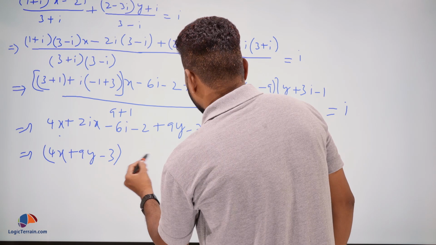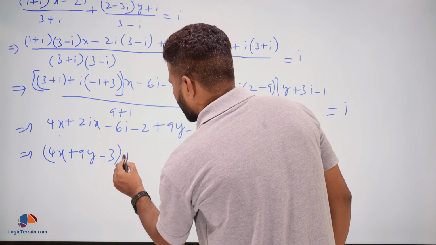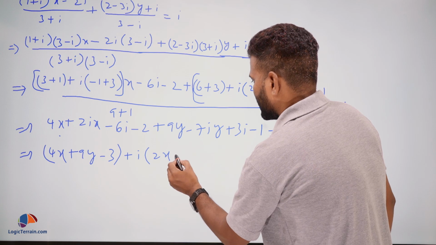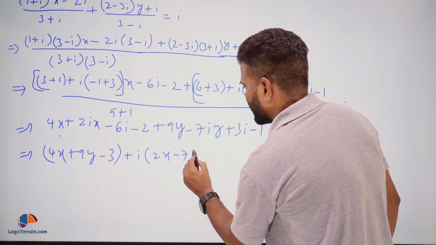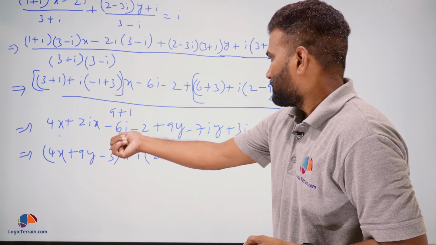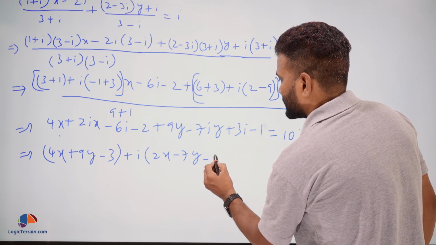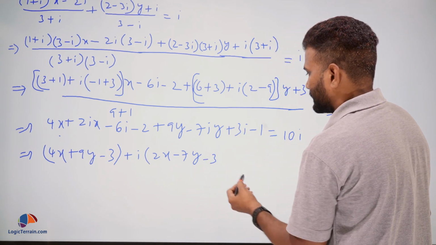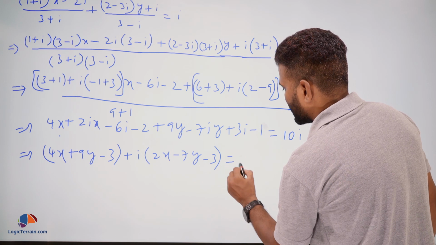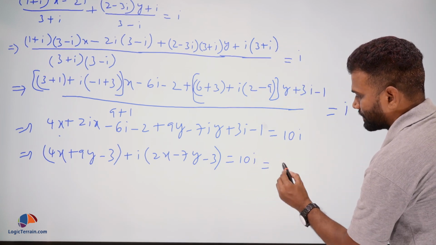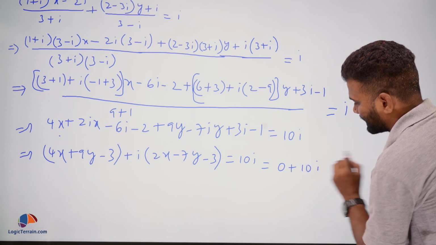Now we'll add up imaginary parts, that is plus i of 2x, here minus 7y, minus 6i plus 3i, that becomes minus 3i, that is minus 3, is equal to 10i. Now the same we can also write as 0 plus 10i.